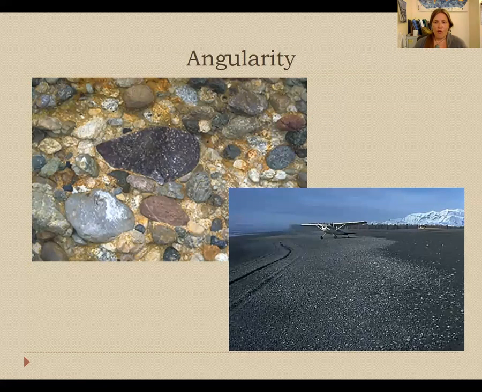As I mentioned before, angularity refers to how sharp or rounded the edges of the particular clasts are. And angularity usually tells us a little bit about the pathway, the history of the clast. So generally, the longer that clast has traveled since it was originally weathered and broken off some sort of parent rock, the more rounded it's going to be.